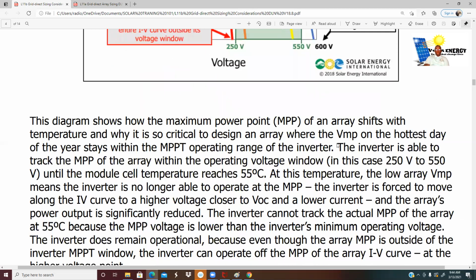Now let's read something about it. This diagram shows how the maximum power point, MPP, of an array shifts with temperature, and why it is so critical to design an array where the VMP on the hottest day of the year stays within the MPPT operating range of the inverter.